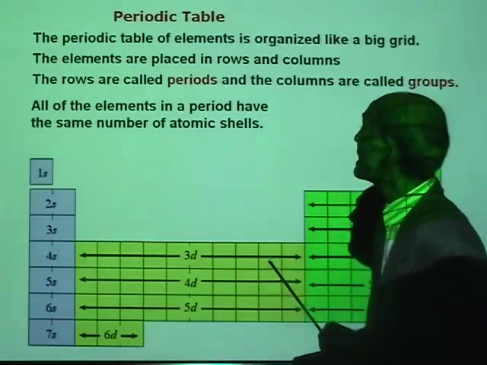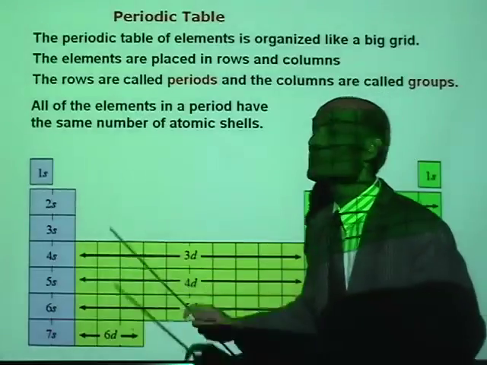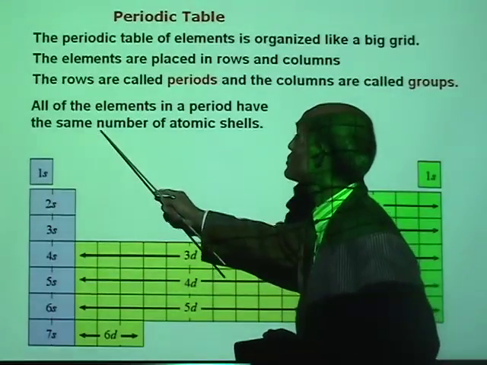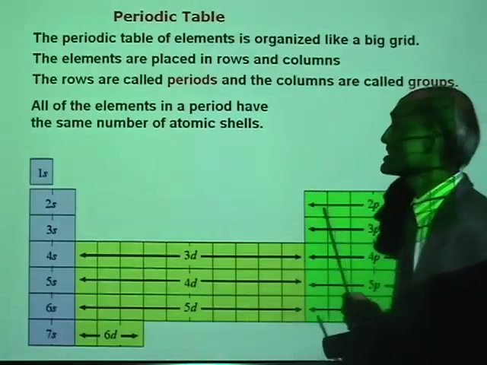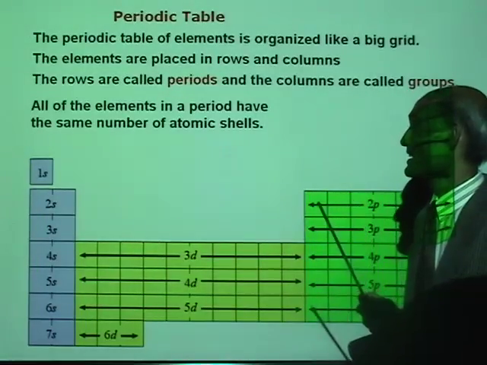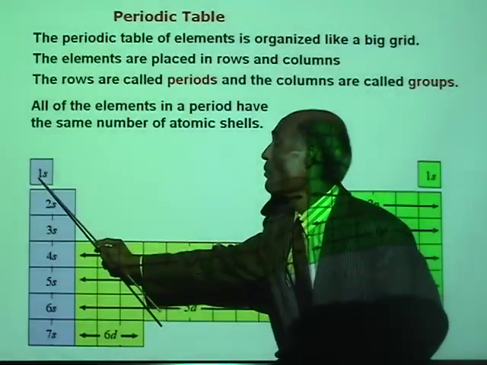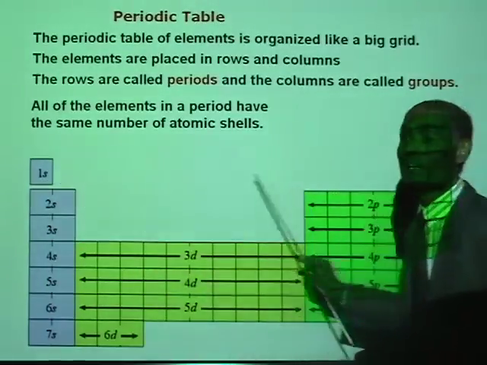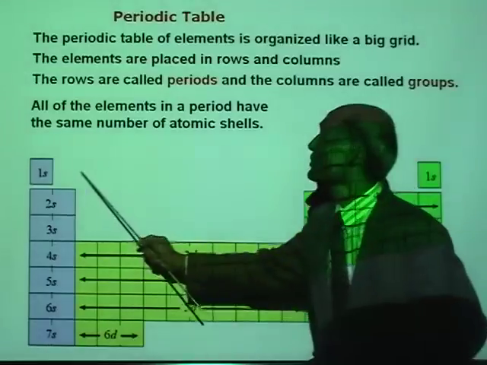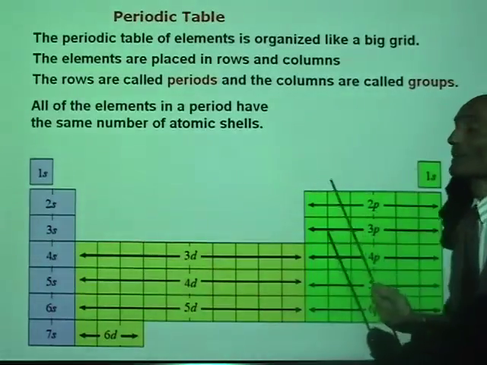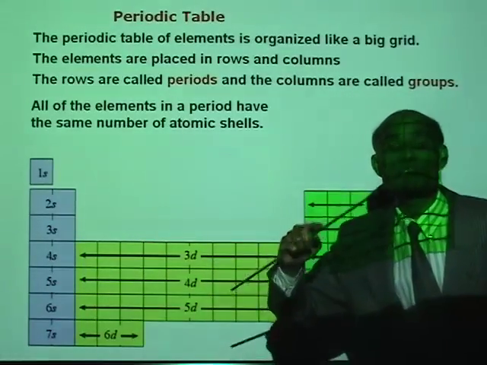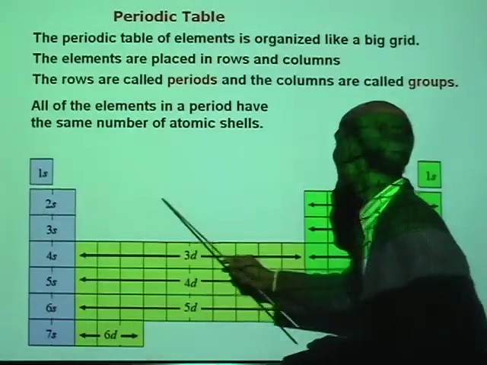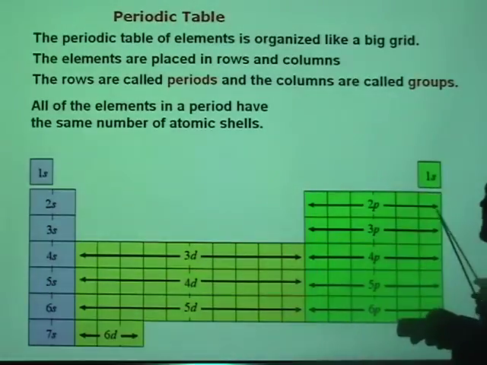All the elements in a given period have the same number of atomic shells. In other words, if you take 1s, you see hydrogen, helium, that's the first period, and both have just one shell, S shell, and you can see 2s, 2p.